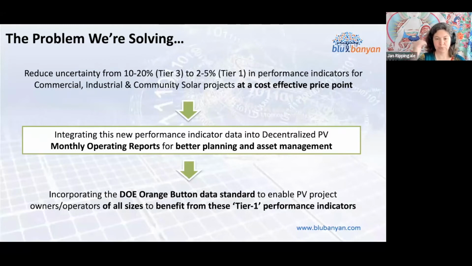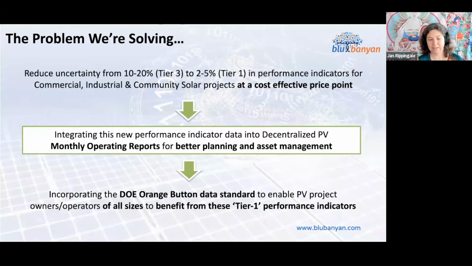Being able to make this cost effective at these price points is key. The top best leading practice for managing and planning for any asset is to use the monthly operating report. So we're going to take this best practice from tier 1 utility scale and bring it down to all the decentralized PV so that everyone benefits in the same way.